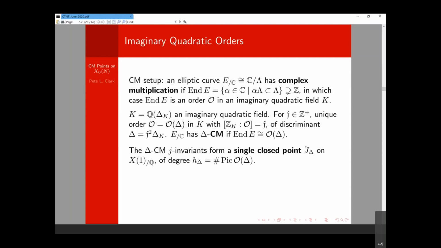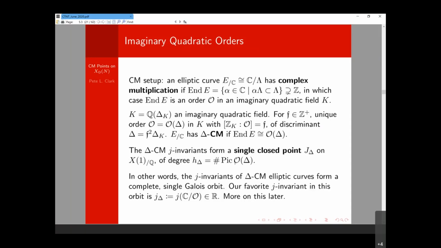But the residue field of that closed point is not going to be Q. Usually, the degree of that closed point is going to be the class number of the order, which is the size of the class group of the order. Maybe you're not used to thinking about it in terms of closed points, but this is just a reminder on the standard correspondence between closed points and F-valued points on a scheme, but it may not be what you were expecting.